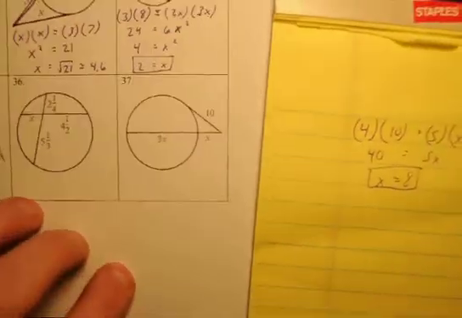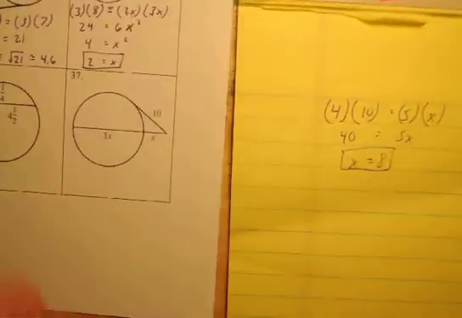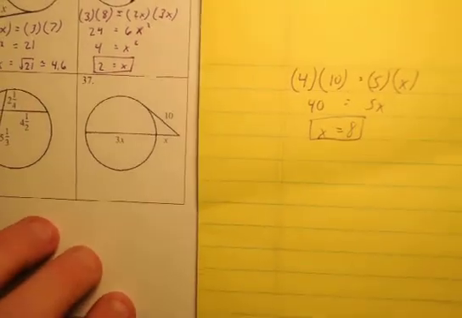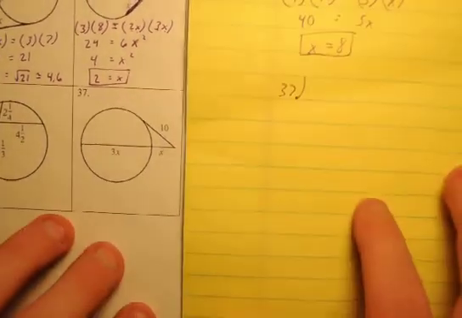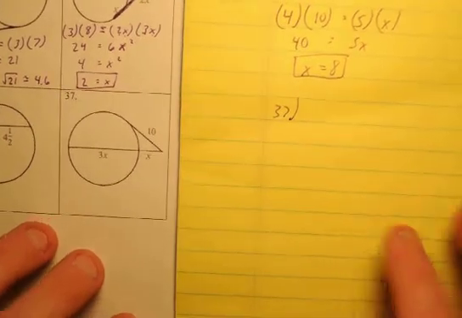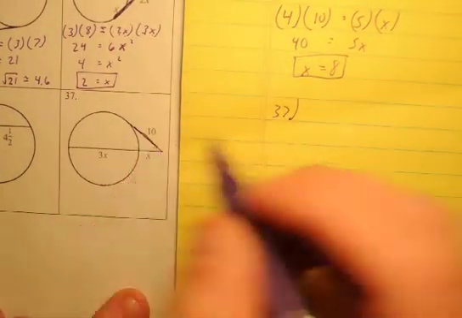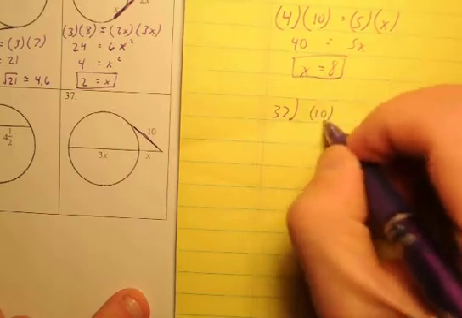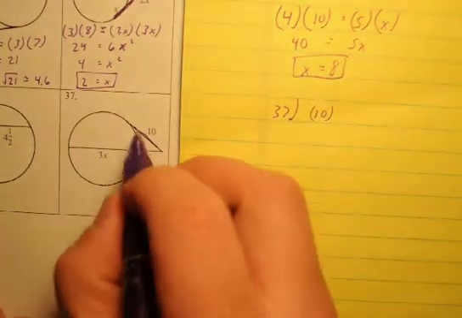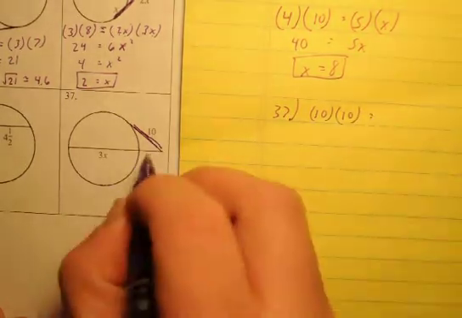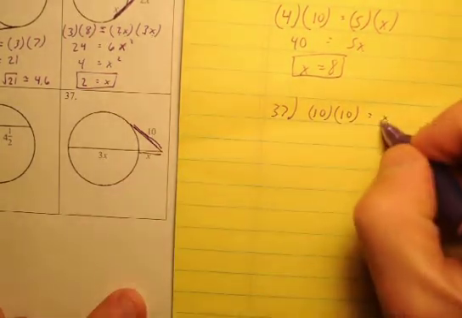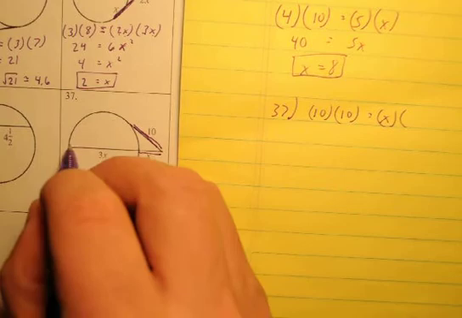Let's skip 36. It's got fractions. Come on. Last problem is 37. And here we go. Same idea. Outer times the entire length equals the outer part times the entire length.